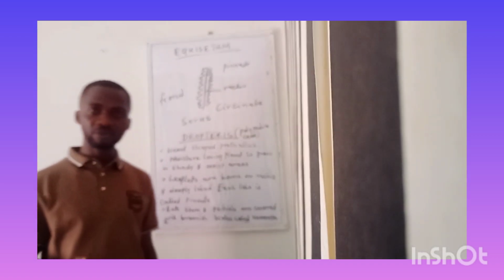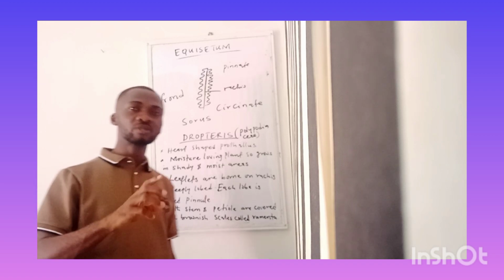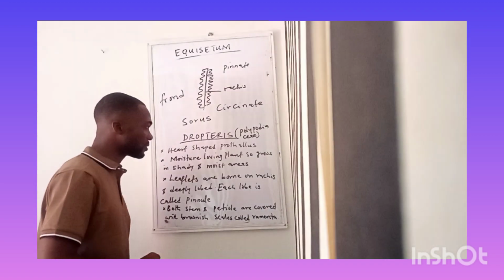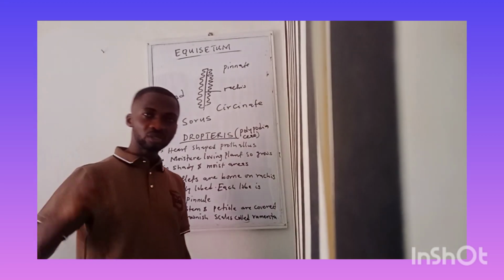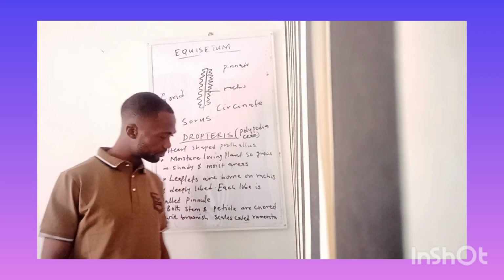So they don't have a strobilus or sporangiferous spike. Please, this is important, you note it: Dryopteris or members of Dryopteris do not have a strobilus or sporangiferous spike.